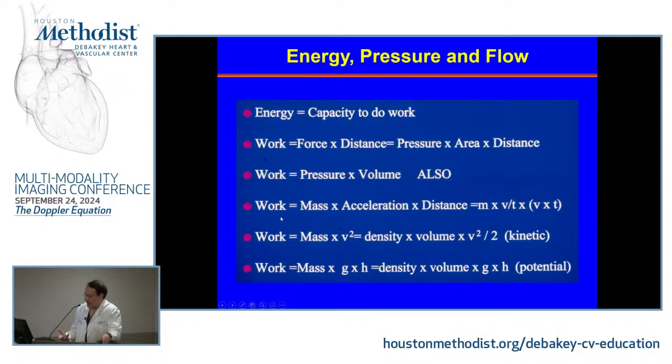Let's look at another expression for obtaining work. If we go back to this one and remove force and put in its place the product of mass and acceleration, that's Newton's second law, and distance, and then we remove acceleration and say it's change of velocity over a period of time, we can see that work can also be expressed as the velocity squared, and we remove mass and say density and volume.